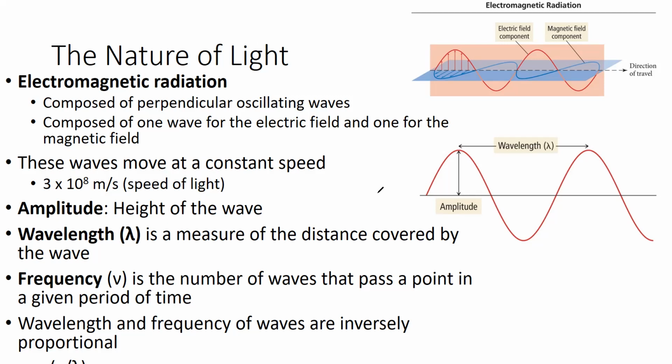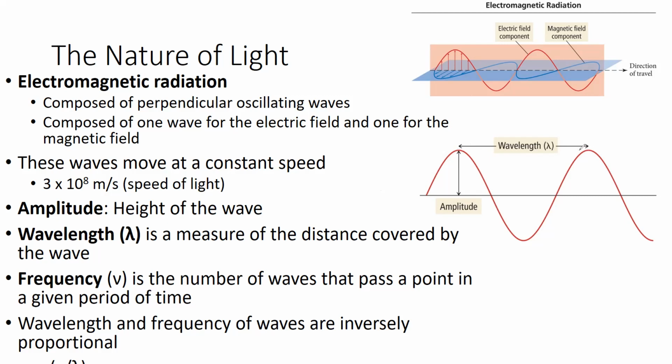So to understand waves, we need some terms to describe a wave. So the terminology we have is amplitude. That is, how high does my wave go up? Wavelength, which is given this symbol.